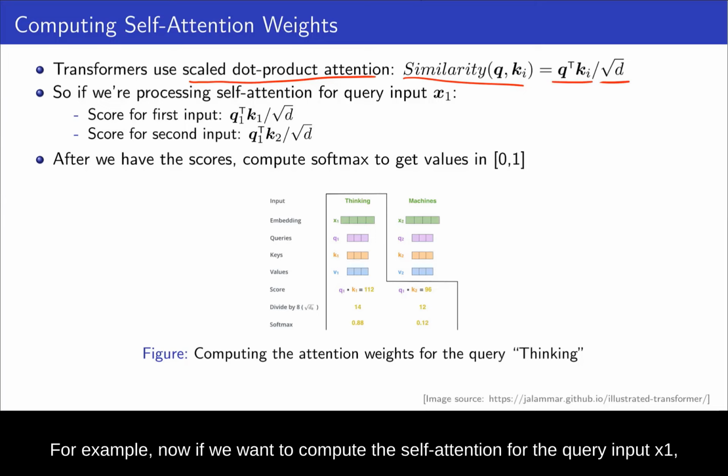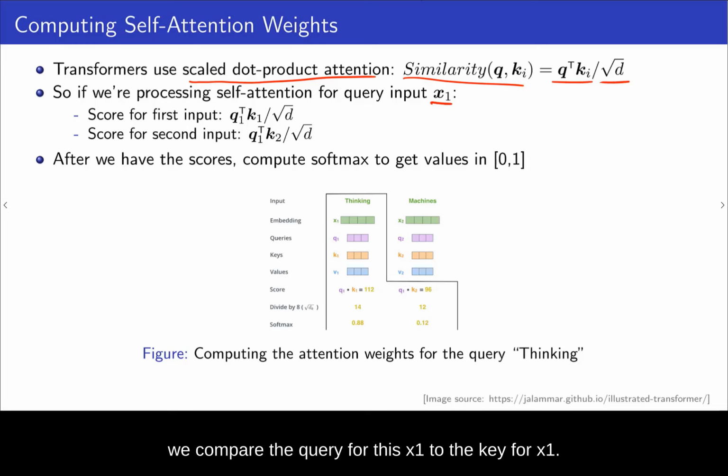For example, if we want to compute the self-attention for the query input x1, we compare the query for this x1 to the key for x1, and we compare the query 1 to the key 2, and this is happening down here.